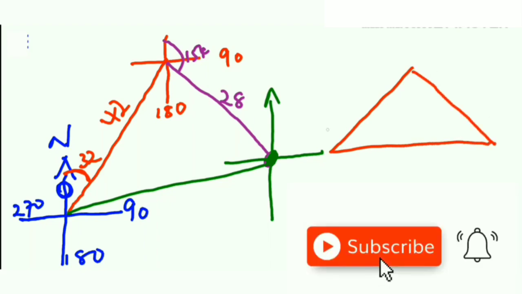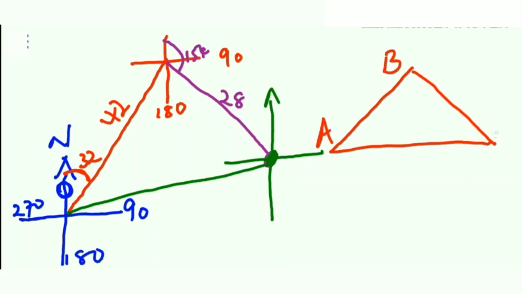Alright, let me name this A, this B, this C. Okay, AB is 42 kilometers, BC is 28 kilometers.